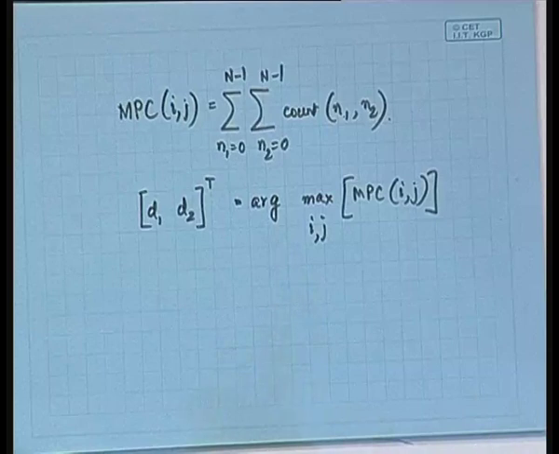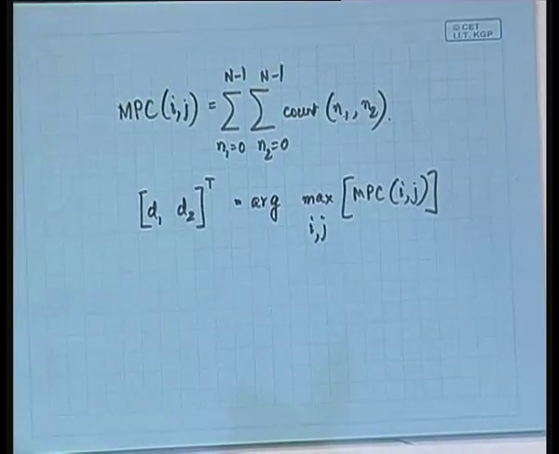One advantage that one can claim about the MPC is that this count is a binary quantity. So, it is just a hard thresholding, and it is quite sensitive to this threshold. So, the question that needs to be addressed is how to pick this threshold value, because if the threshold value is not correctly picked, then the matching measure should not be trusted.